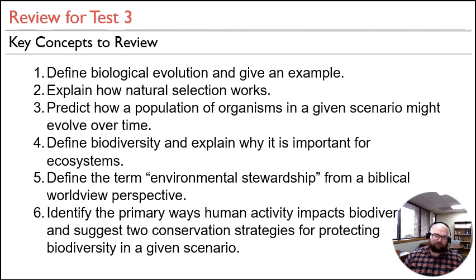Second, you're going to be asked to define the term environmental stewardship, particularly from a biblical worldview perspective. Then you're going to be asked to identify the key ways that human activity is threatening biodiversity and come up with some ways to monitor that biodiversity, and also strategies for conserving biodiversity and mitigating the impacts of those activities you identify.